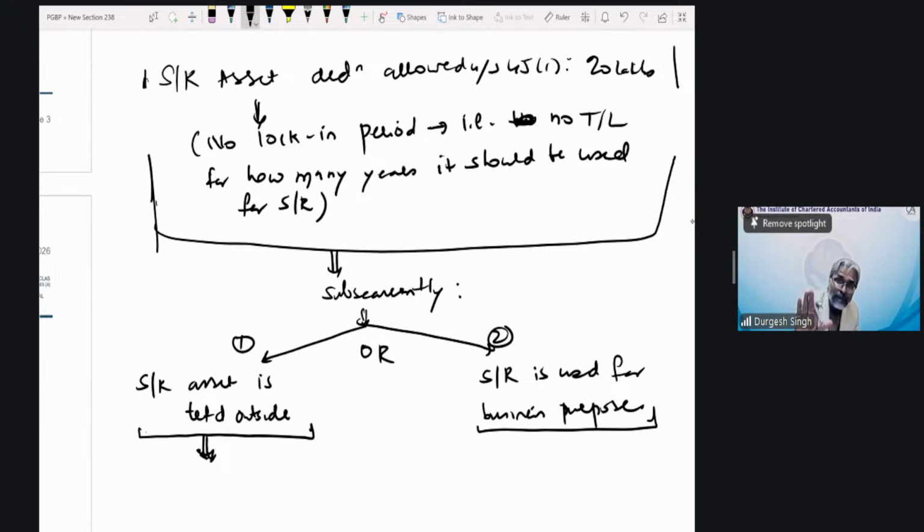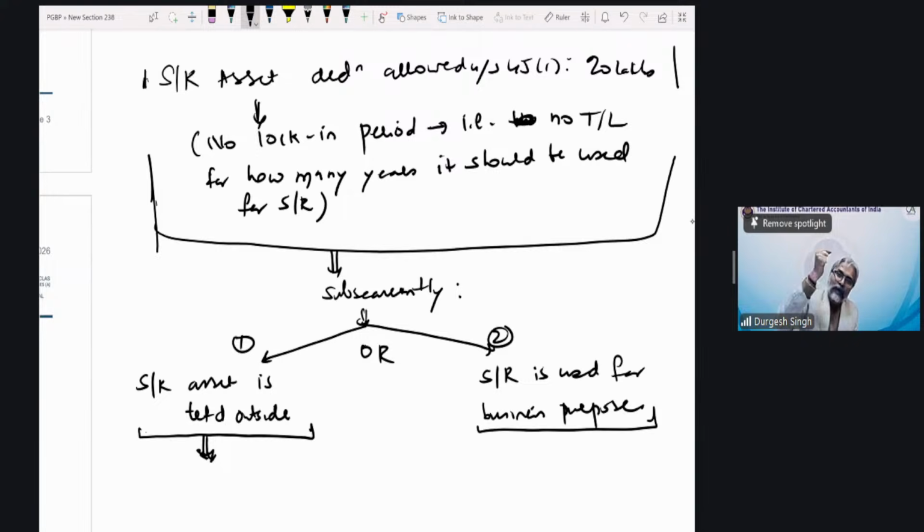But be careful, students, over here. The law says that to the extent of whatever sales consideration you have received, to the extent the deduction was claimed earlier, that much amount of the sales consideration will be charged under the head PGBP only.